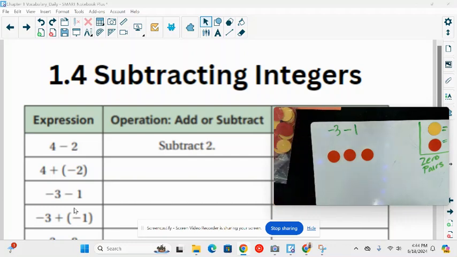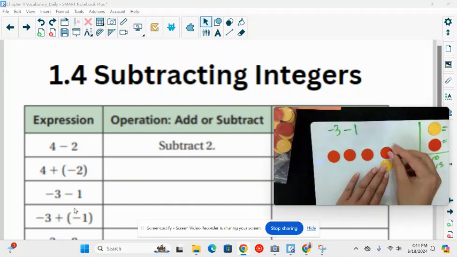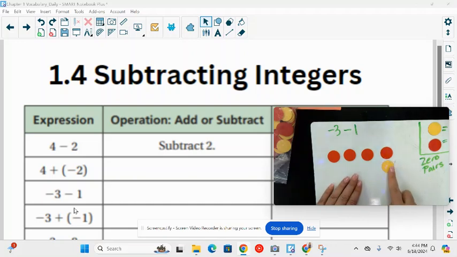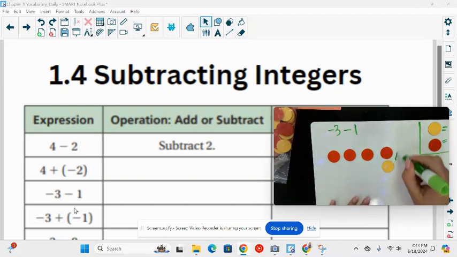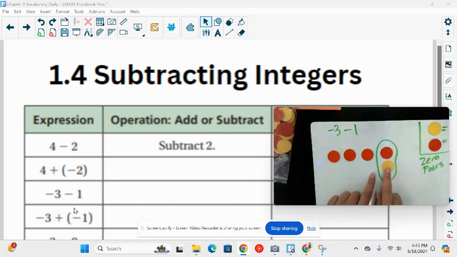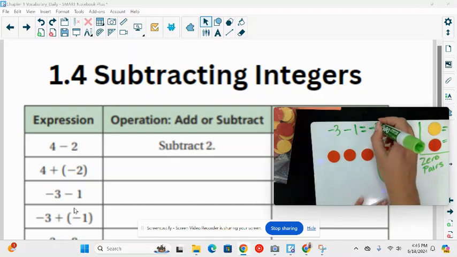Every time I add a positive, I have to add a negative with it, so remember that these two make a zero pair and cancel each other out. Now that I have a +1 that I can take away, I'm left with 1, 2, 3, 4 negatives. So -4.